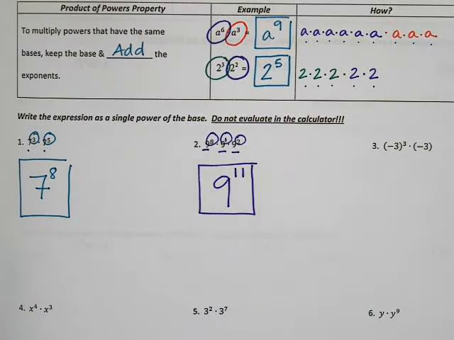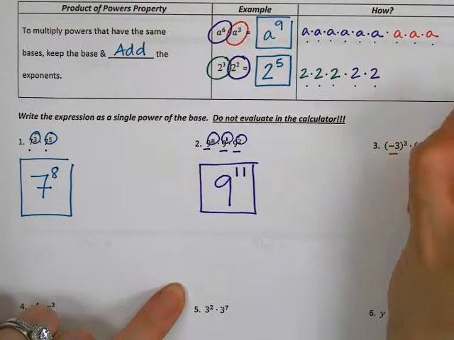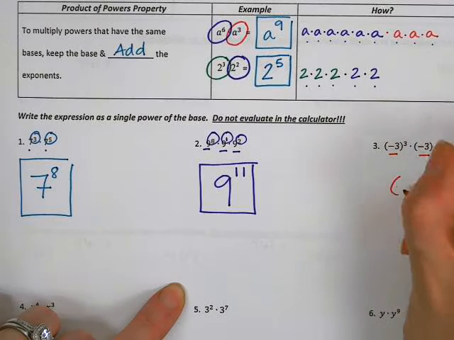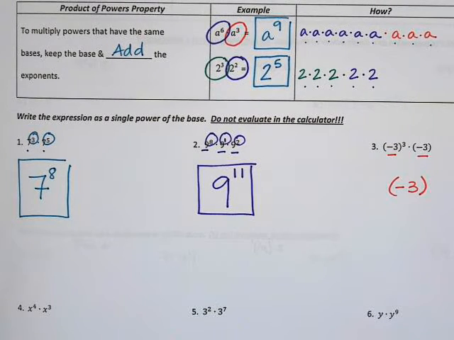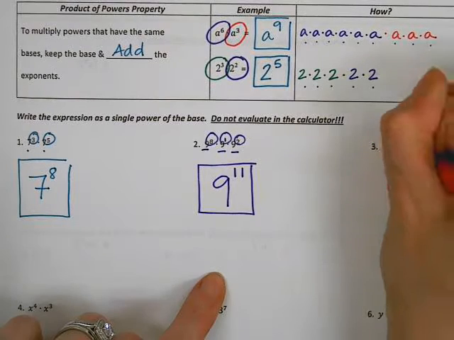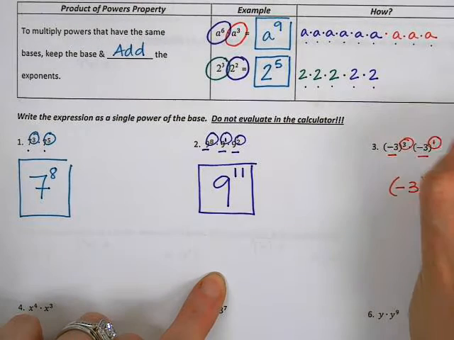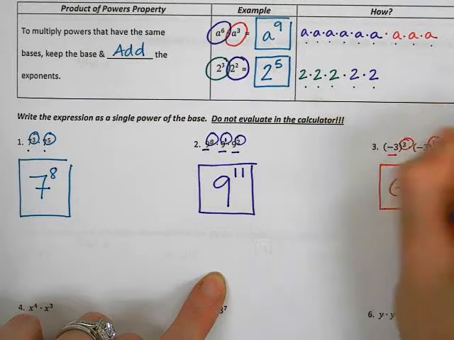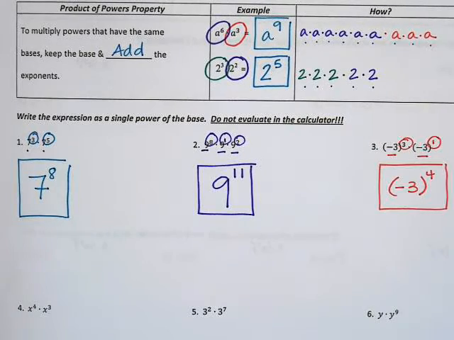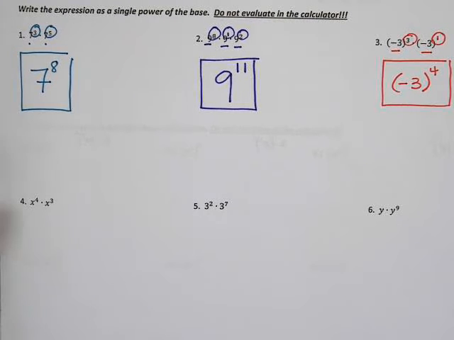All right, number 3. If the bases are both -3, then the -3 stays, but you add the powers. 3 plus the secret 1 is 4. All right, moving on. Keep going. Number 4.